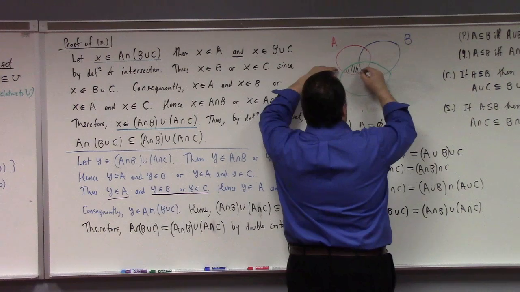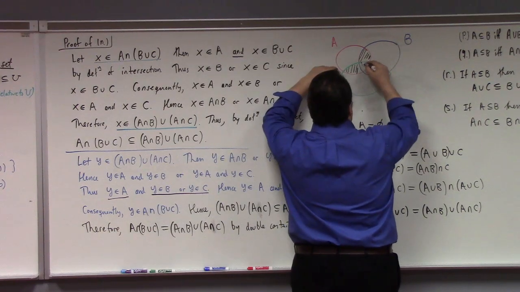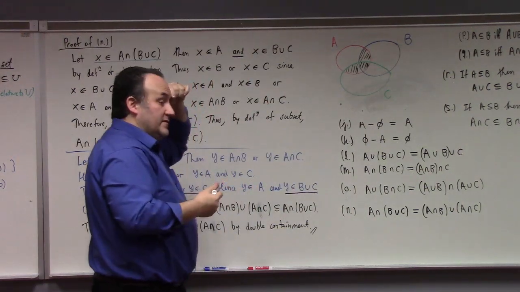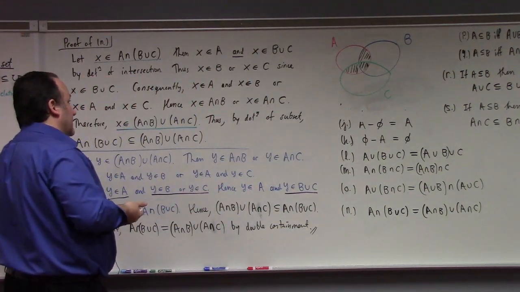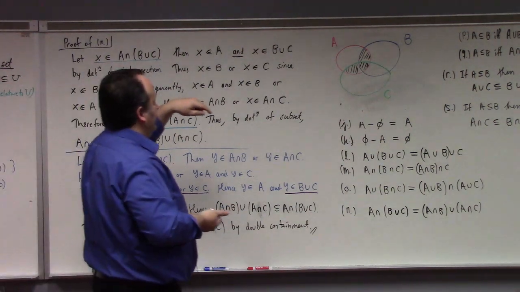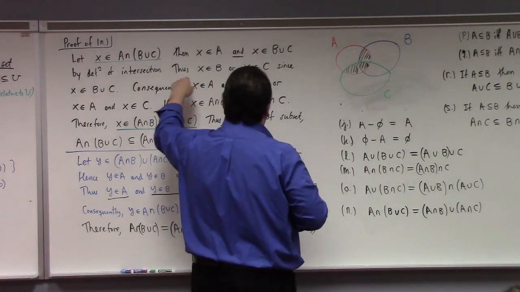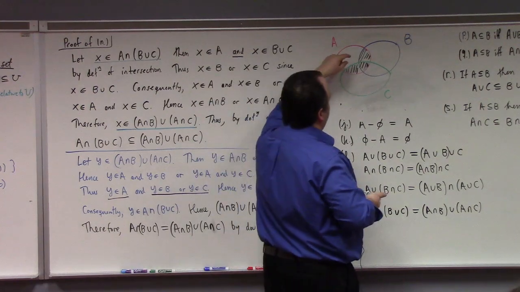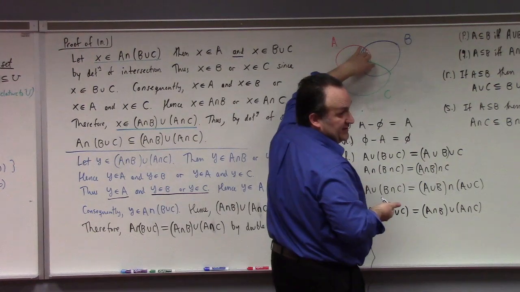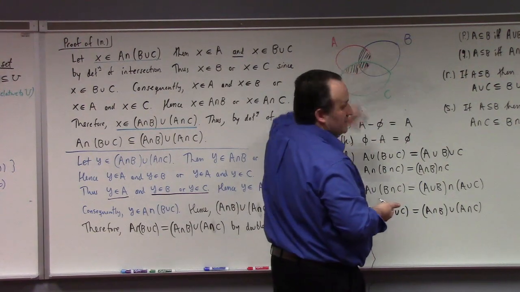So the set we're talking about basically is this. You might be able to see things from that picture if you think about it. If x is in A intersect B union C, that means it's either within the blue part or within the green part. That was what we said in the first sentence, essentially.